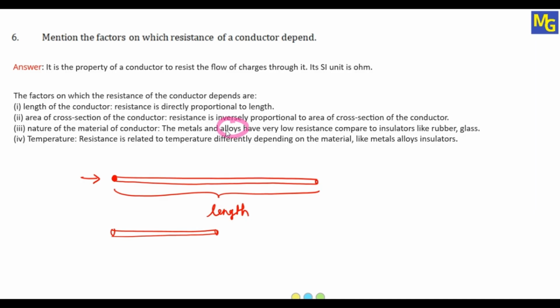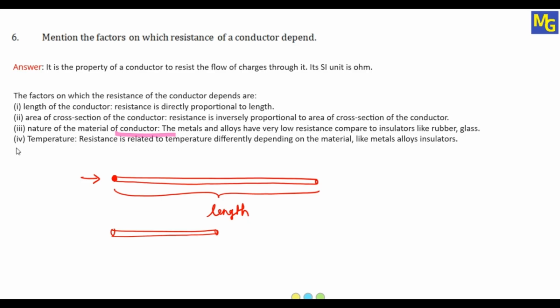So metals and alloys have very low resistance, so the current flow will be good, faster compared to insulators like rubber and glass. We know rubber and glass will not conduct electricity. Why? Because they have high resistance. So depending on the nature of the conductor, resistance will be decided.